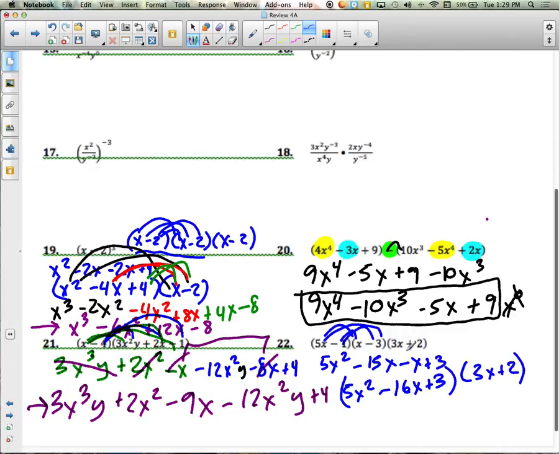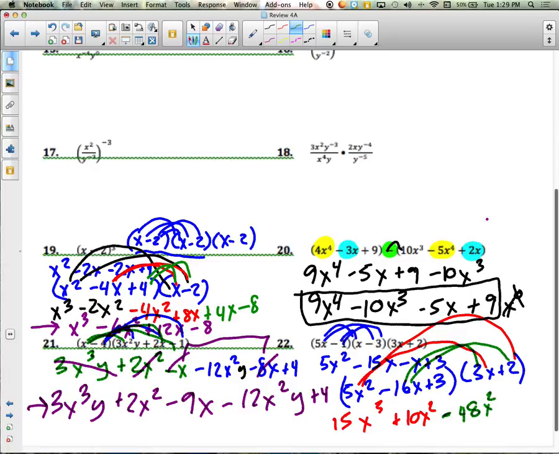Alright, so let's distribute. I'm going to take 5x squared times 3x gives me 15x to the third. Then 5x squared times 2 is 10x squared. And then we will go negative 16x times 3x is negative 48x squared.